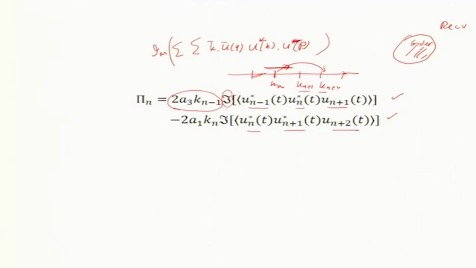So, it is a triad interaction, the 3 shells. So, you can put this here: n plus 1, n plus 2, n minus 1. This one is n minus 1 and n plus 1, these 3 for the first term, and the second is these 3.